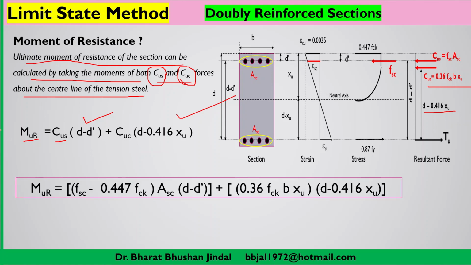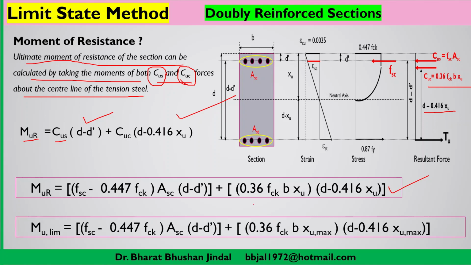So solving this equation by putting the values of CUS and CUC, which we have taken here as well as in the previous slide, the equation for the ultimate moment of resistance works out to be this equation, where we have incorporated all the parameters. And if you want to find out, as per codal restriction, the limiting moment of resistance, we only have to substitute XU max instead of XU.